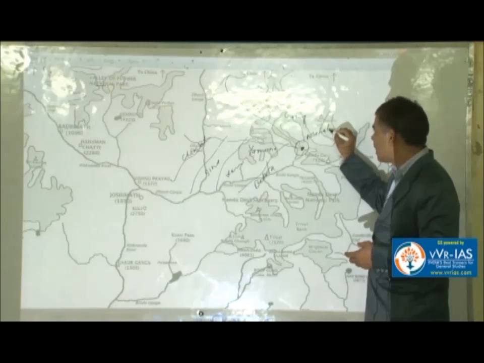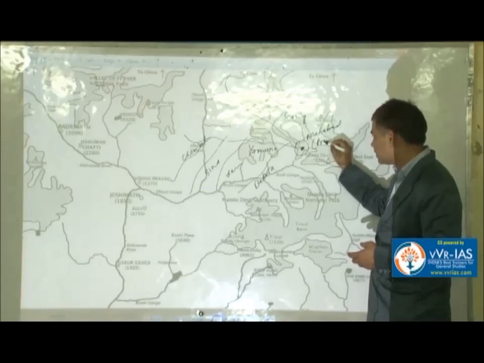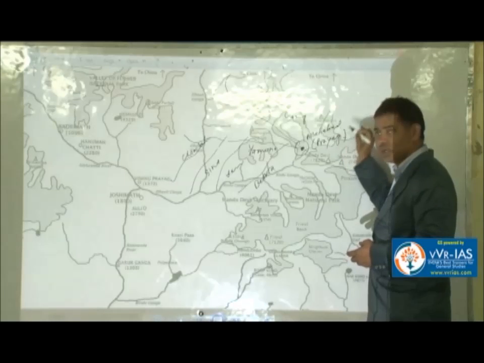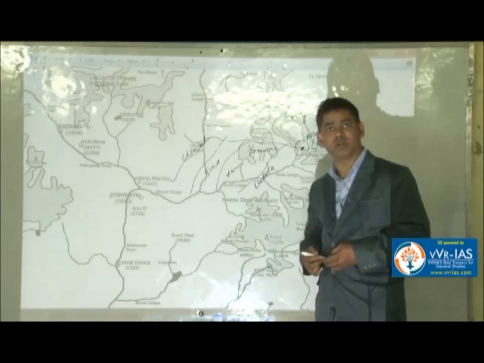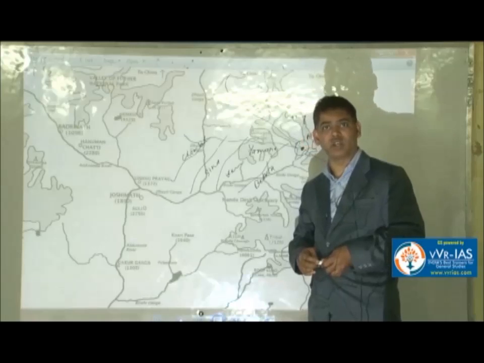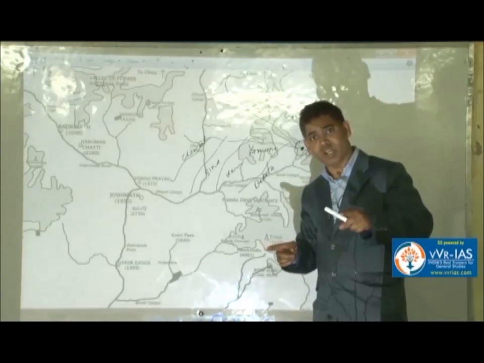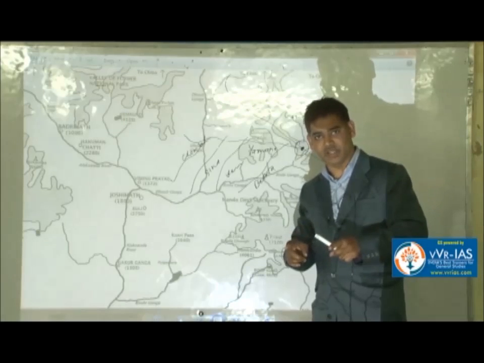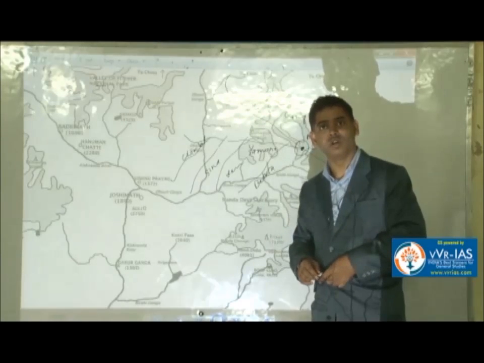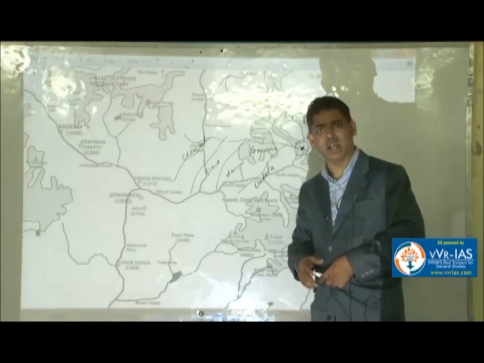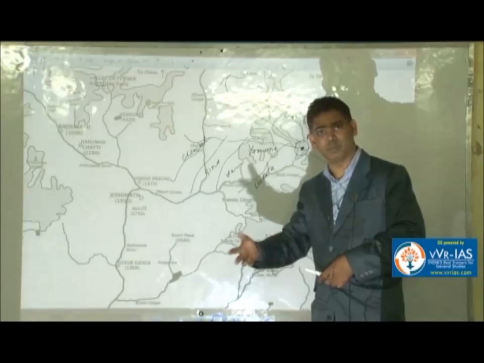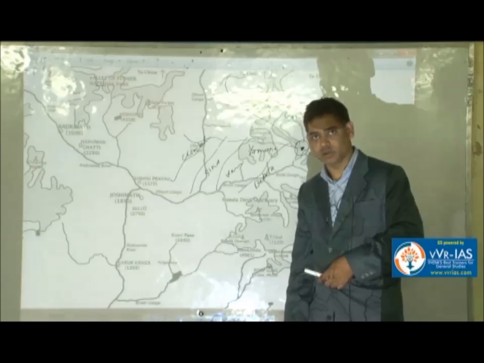Allahabad is also called Prayag. In the Prayag, people will say three rivers will meet: Ganga, Yamuna, Saraswati. But mythologically only this is correct. Geographically this statement is wrong. Only the Ganga and Yamuna would meet in the Prayag of Allahabad.